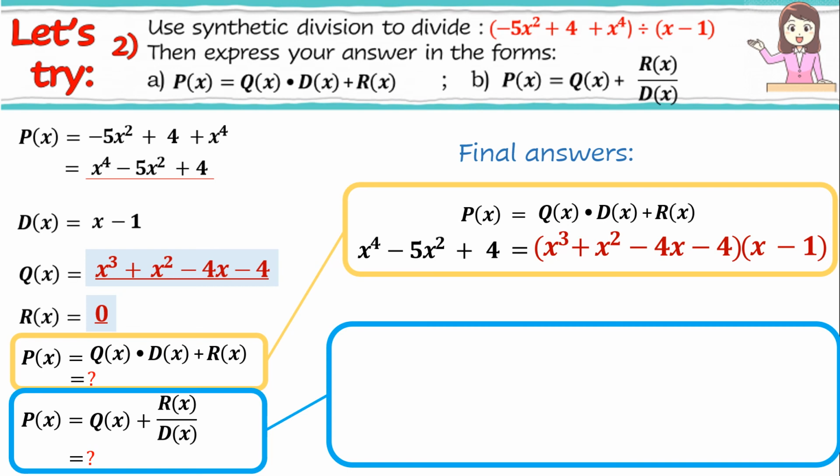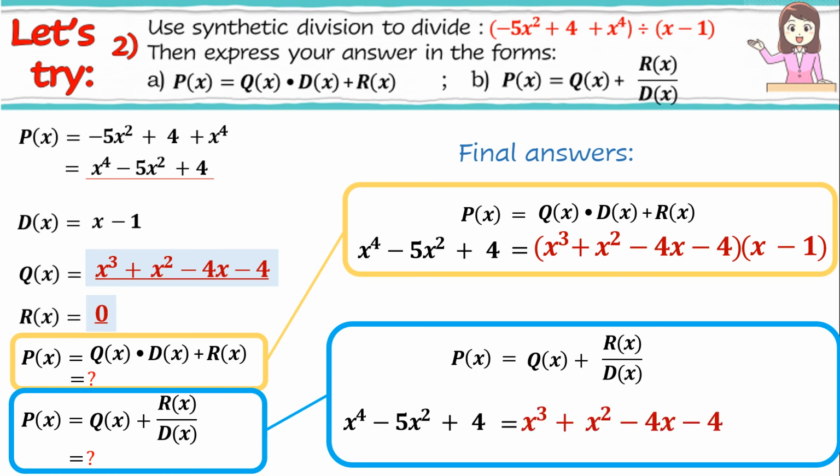And then, the second format, we have P of x is equal to Q of x plus R of x over D of x. So, ang ating P of x ay x to the fourth minus 5x squared plus 4. And that will give us x cubed plus x squared minus 4x minus 4 plus 0 over x minus 1.